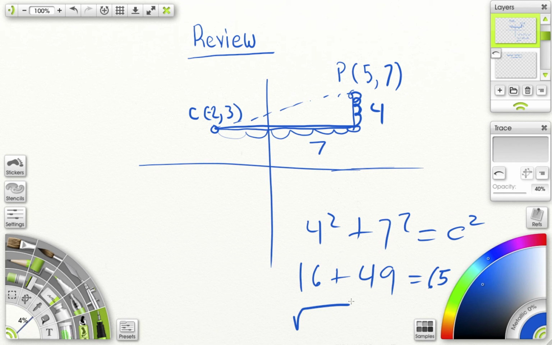Square root of 65 is 8.06. So there's 8.06 units, or if I wanted to round it to 8.1, I can, units between Canada and Poland on this particular grid.